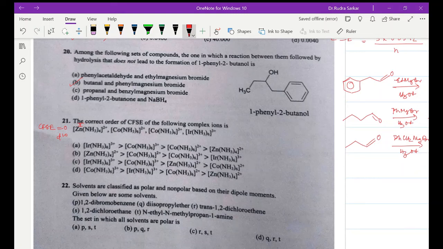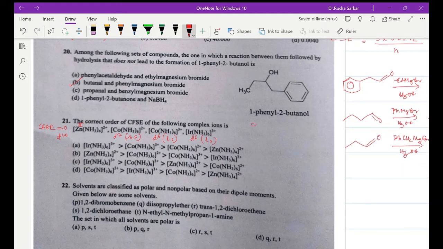[Co(NH3)6]2+, this is a d7 system and high spin, that too. [Co(NH3)6]3+, this is a d6 system and this is low spin. Cobalt 3+, except for fluoride, for all other ligands it is going to be low spin, one should remember. And [Ir(NH3)6]3+, this is also a d6 system and low spin.